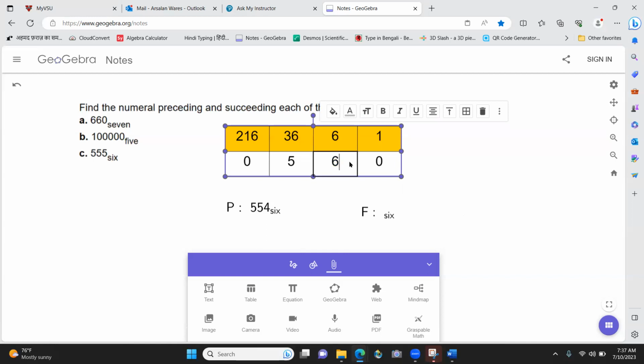I'm going to take all my 6 rods and make it into a slab. So I already had 5 slabs. Now I'll have 6 slabs. Well, I can't have 6 slabs. I can't have 6 of anything. You will trade it for the next one. Well, 6 slabs can be stacked together to make a cube containing 216. So this will be 1. That's your answer. Yeah, my brain tricked me because I saw so many 5s. I thought maybe it's in base 5. So I was messing up base 5 and base 6.